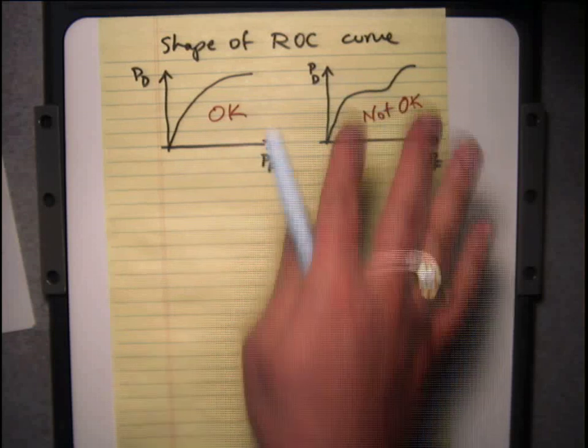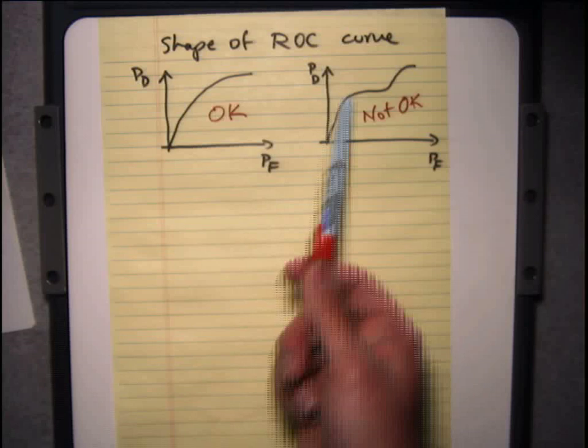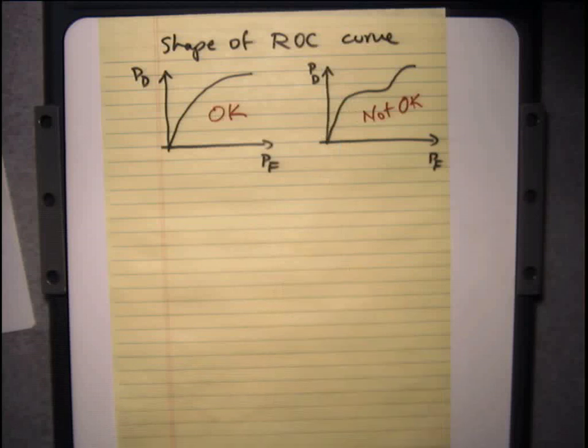We will talk about why in a moment. But the point is, if you solve a problem and I ask you to compute the ROC curve, and the test that you've designed is based on a likelihood ratio test, and you get a ROC curve that looks like this, go back and do it over again, because you've done it wrong. Okay? All right, so let's analyze the shape of this ROC curve in a few different ways.